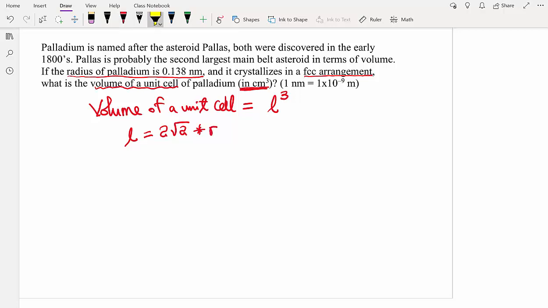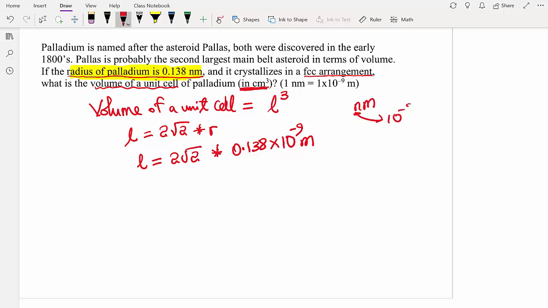We know the radius of palladium, so we just plug it in, which means that the length of an edge of the unit cell will be 2 root 2 multiplied by 0.138 times 10 to power negative 9 meters. Why 10 to negative 9? We have nanometers, and nano means 10 to negative 9.